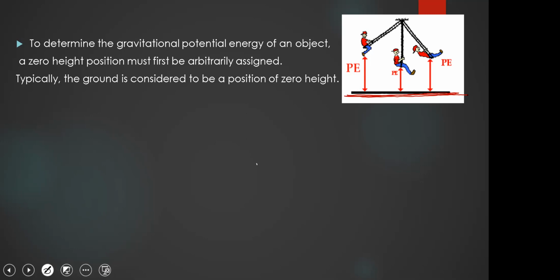So if you want to find the potential energy for the man who is in the first position here, you have to use this height. As an example, this is 4, this is 2, and this is 4.